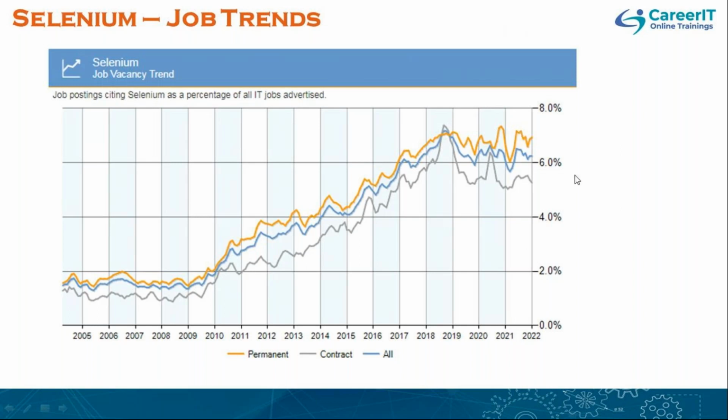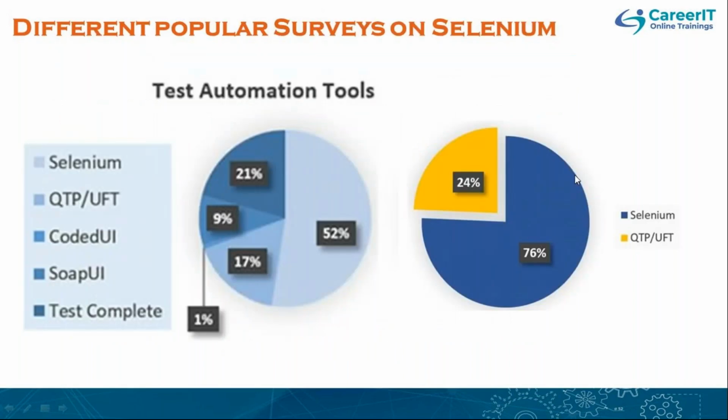Okay. Next thing, when we compare against the different tools, Selenium has occupied a major percentage in the market, guys. If you see here, the simple survey tells about 52% of the market share has been occupied by Selenium out of other tools like QTP or TestComplete or SoapUI or something.